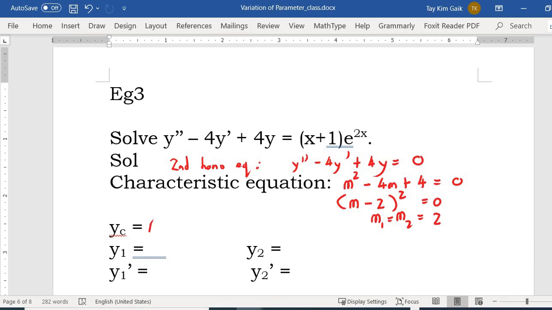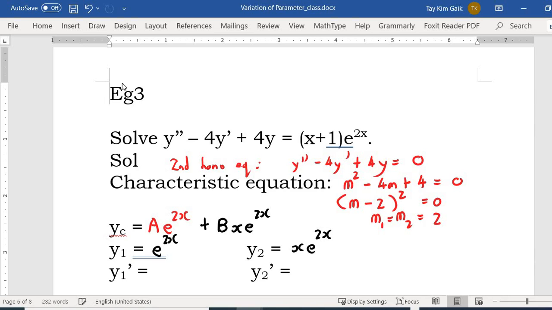So the yc is actually a exponent 2x, and then because you have the same root, b, you must multiply by x, exponent 2x. If not, a and b terms are clashing. So that's why for the same root, a e 2x plus b, you have to multiply by x. Then identify the y1 by eliminating your a, your y1 will be exponent 2x, y2 is x exponent 2x.